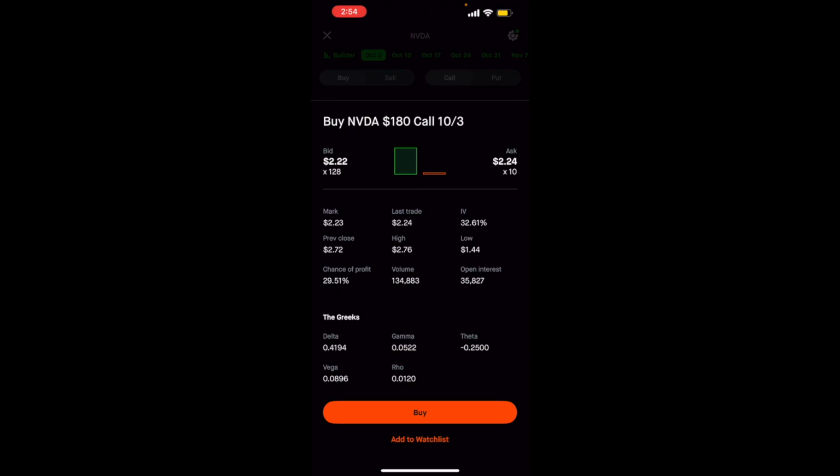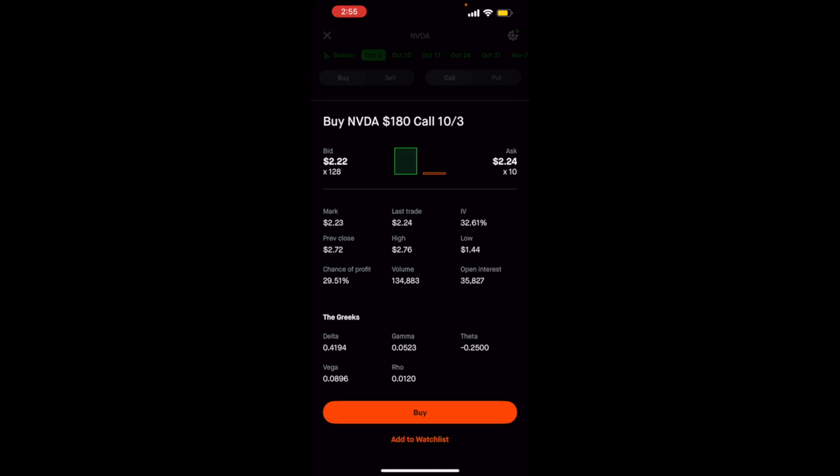As implied volatility rises, so will the premium on that option. IV is super high at the very beginning of the day, or if a lot of calls and puts and trades are coming in at the same time, the IV is gonna go up. So always just keep that in mind.